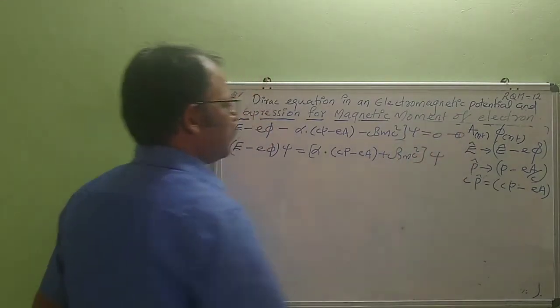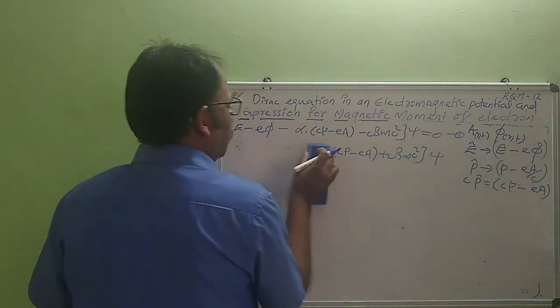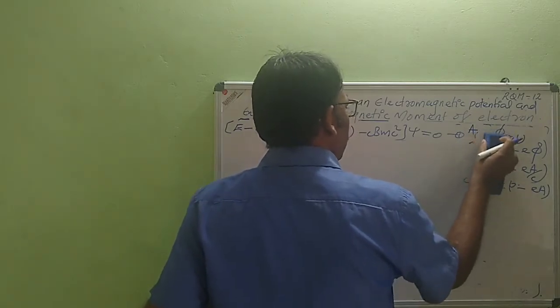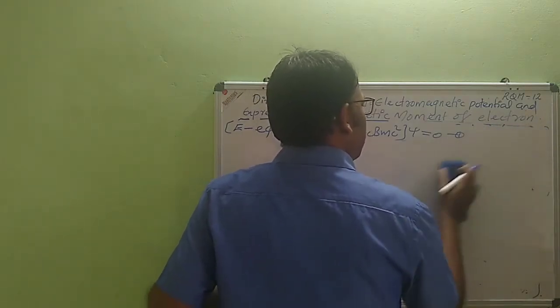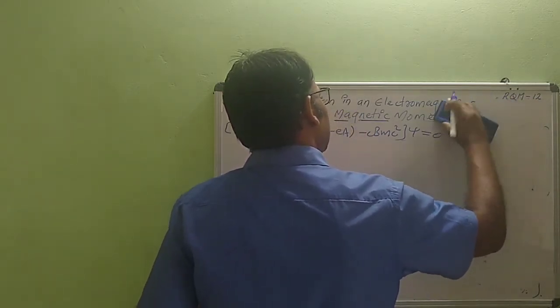I am taking this as equation number 1. So this is the relativistic wave equation in the case of electromagnetic potential, where A is the vector potential and phi is the scalar potential.